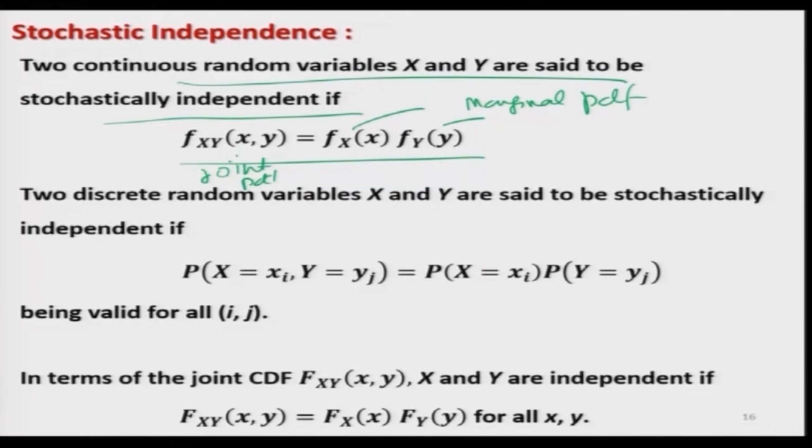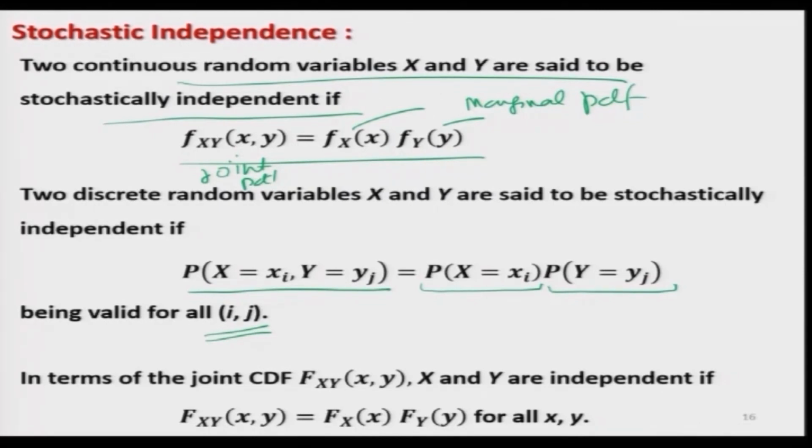Now, at the same time, I would also like to extend this definition for the discrete random variable case also, that if x and y are two discrete random variables, then if their joint probability, that is probability x equal to xi and y equal to yj, can be expressed as the product of their marginal probabilities, like probability of x equal to xi into probability of y equal to yj, and if this is valid for all values of i and j, then we say that the two discrete random variables x and y are independent, or they are stochastically independent of each other.